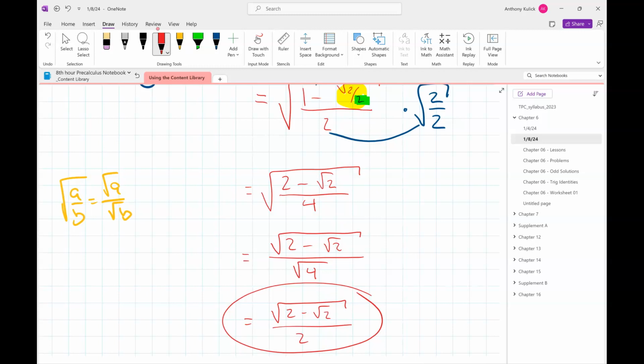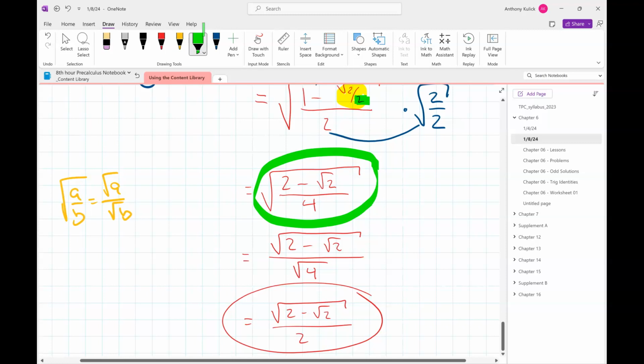Now, I want to caution you right now that I'm going to be picky about your neatness on this. If your square root is over the entire fraction, you need to make sure that when you draw your square root, I can tell it's covering both the numerator and the denominator.